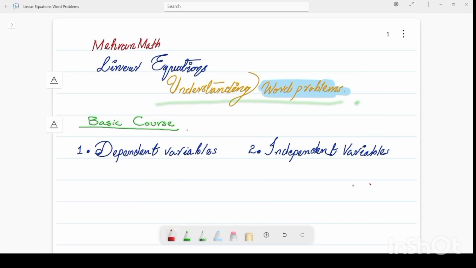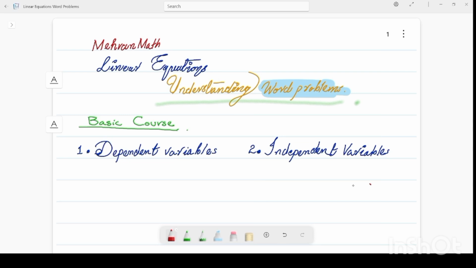Today we'll be learning about linear equations word problems, and understanding how we convert word problems into algebraic equations and then solve them. Before that, the prerequisite of this course is algebraic expressions and converting algebraic word problems or statements into algebraic expressions.